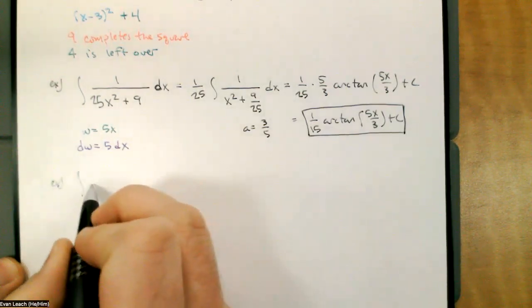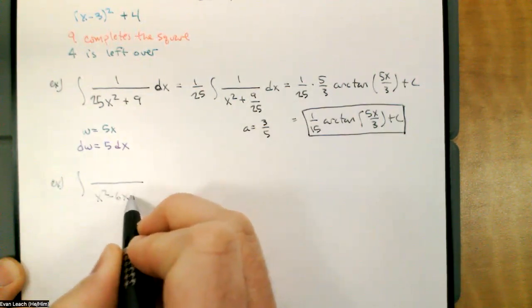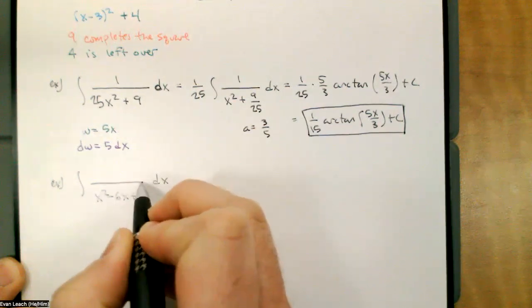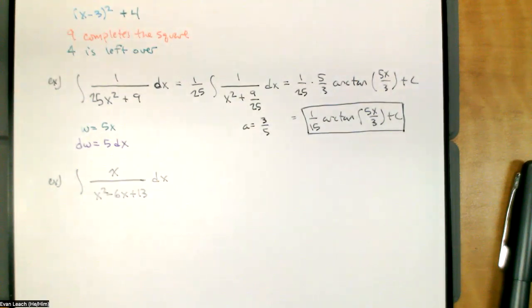One last weirdness about integrating rational functions. Here we have a rational function which is degree 1 over degree 2 with complex zeros, but we have a little bit of weirdness going on.